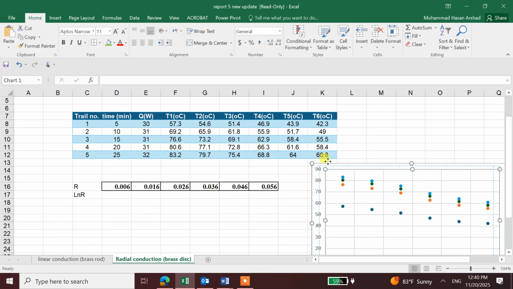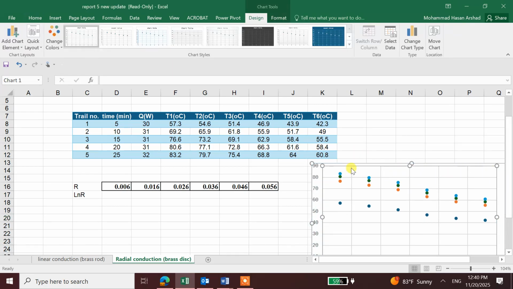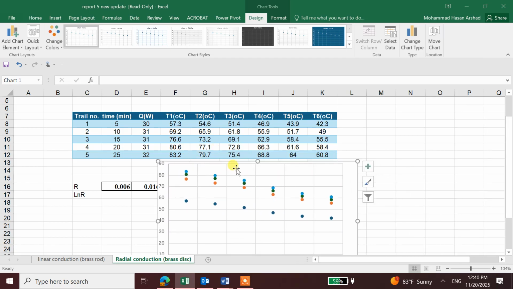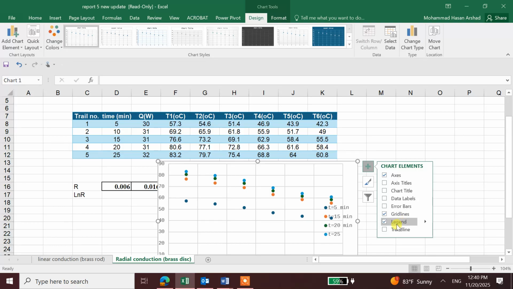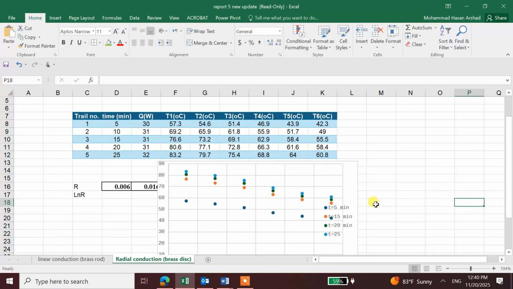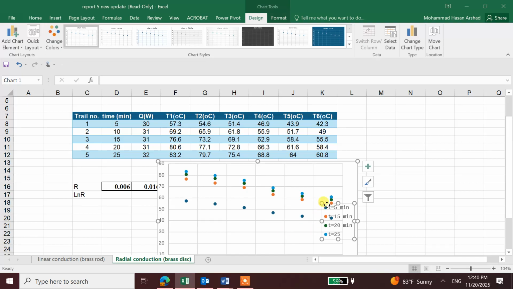You can see, if you add, show the legends. So same thing with time, this one and this one, and so after some time it is reaching steady state. I think I have missed some data point.